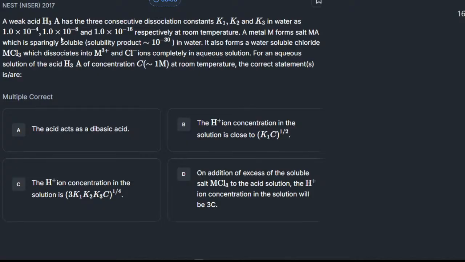A metal M forms salt MA, which is sparingly soluble. Solubility product is only 10 raised to power minus 13 in water. It also forms a water soluble chloride MCl3, which dissociates into M3+ and Cl- ions completely in aqueous solution. So for an aqueous solution of the acid H3A of concentration C, 1 molar at room temperature, the correct statements are.